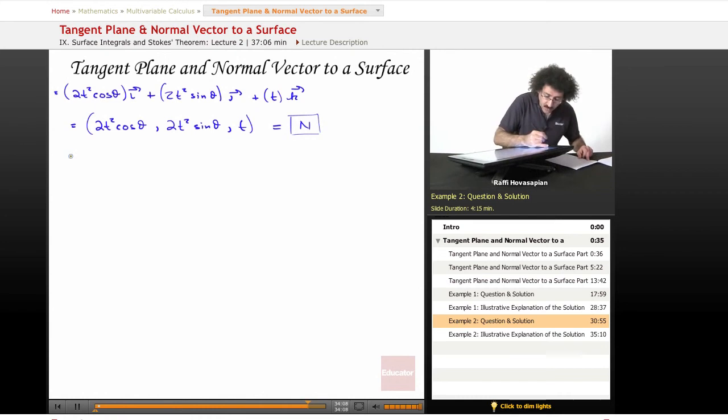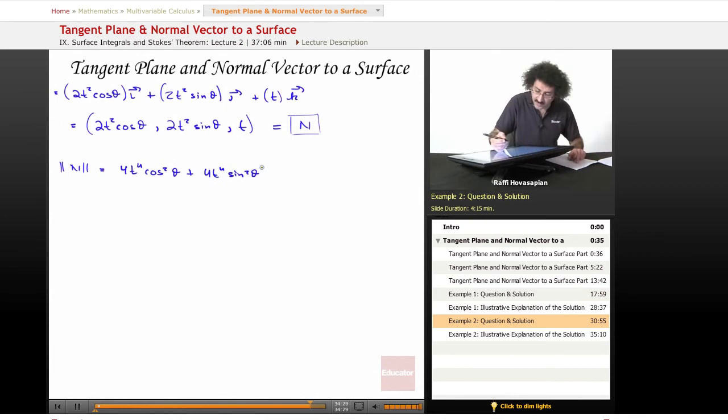Now, if I want to take the norm, not a problem. Square of this, square of this, square of this, all under the square root sign. You end up with 4t to the 4th cosine squared theta plus 4t to the 4th sine squared theta. And we like it when we see sine squared and cosine squared because that's going to equal 1.